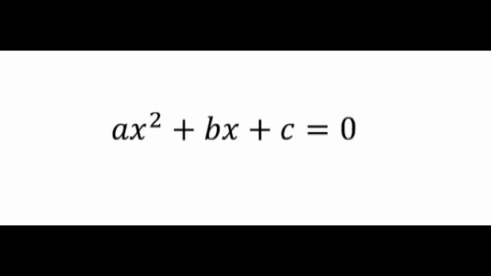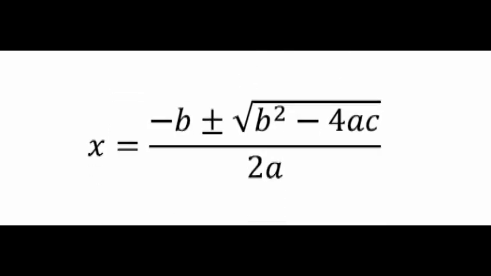So in those cases, and actually in any case, we can always use this formula, which is called the quadratic formula, that all high school students have to memorize, where we say x is equal to negative b plus or minus the square root of b squared minus 4 times a times c, all of that divided by 2 times a.